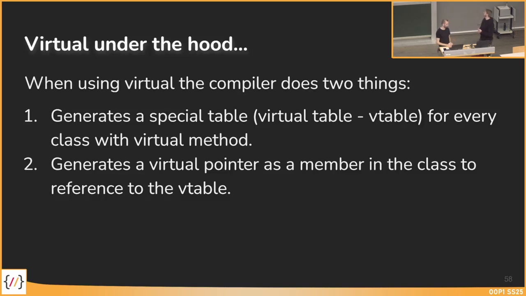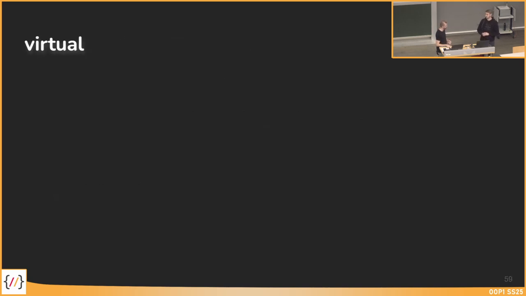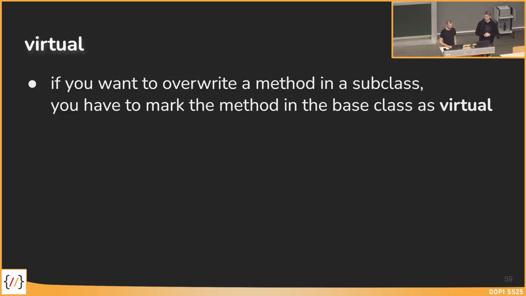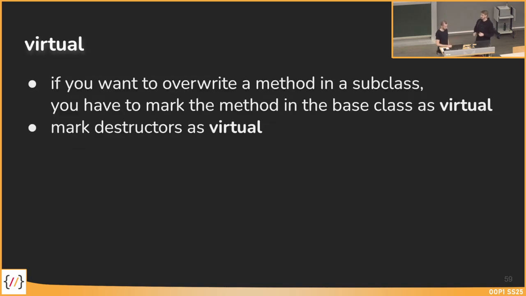This has one disadvantage, because this V-table has to be created and stored somewhere, so you have a bit more runtime costs and storage costs, but at least in our course, I think it's negligible. So there is an overhead, but it's definitely worth it, at least in this setting.